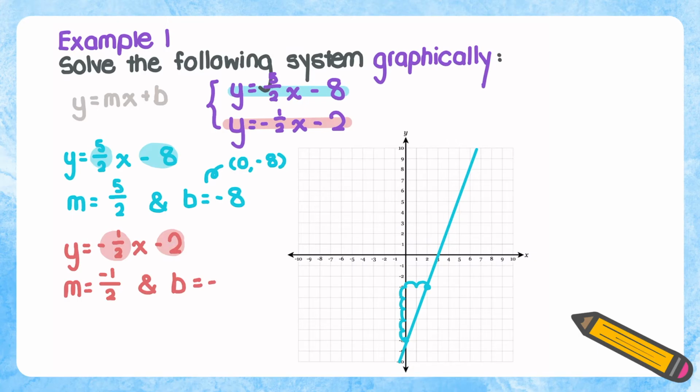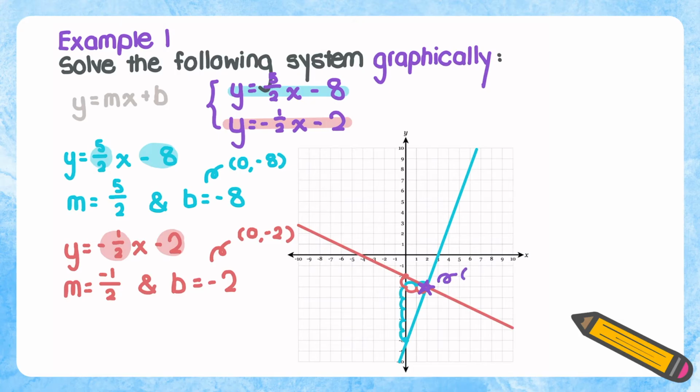So b equals negative 2. Our y-intercept is at (0, negative 2). So I graph this line, start at the y-intercept, go down 1, right 2. I connect the points, and I now have my line for the second equation.